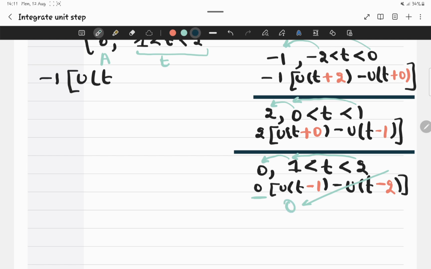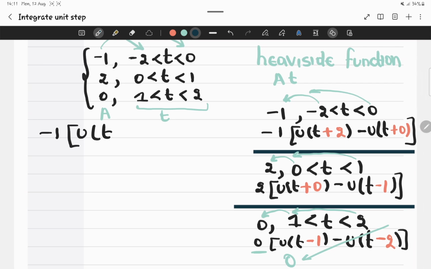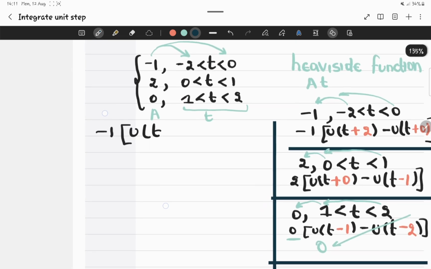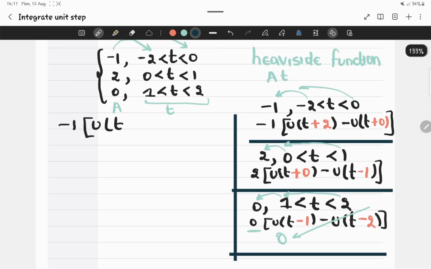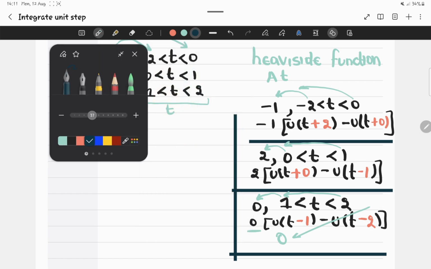I'm just going to rewrite this in a nice way so that you can see what you're going to have here for the first block and second block, and just close it. So the whole equation will be like this.